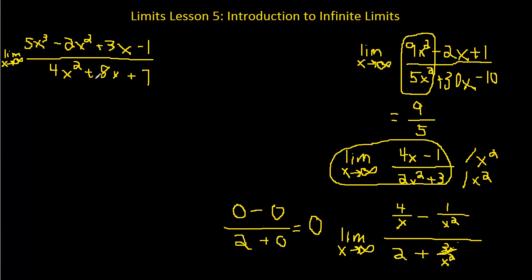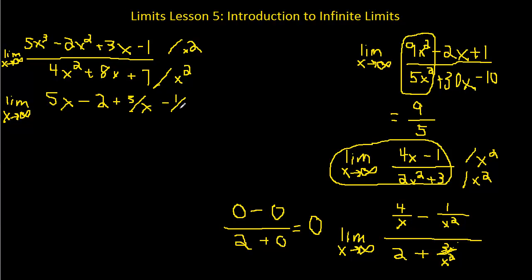So what we get now is limit as x goes to infinity of, okay, so if we're dividing by x squared again, then we get 5x minus 2 plus 3 over x minus 1 over x squared, then on the bottom we get 4 plus 8 over x plus 7 over x squared.